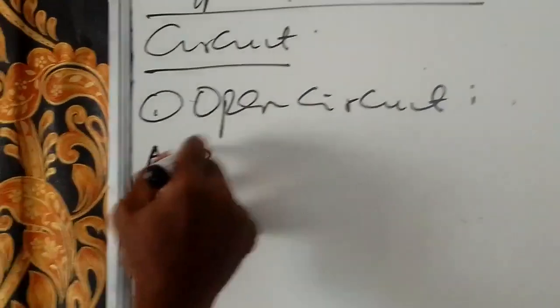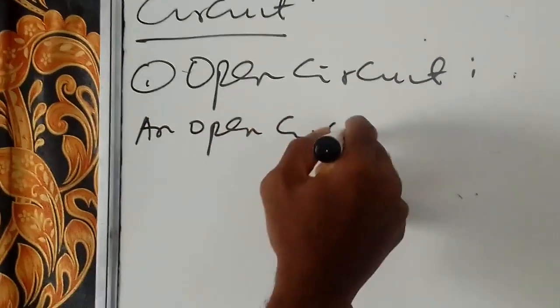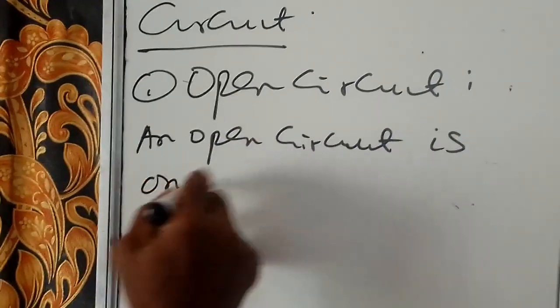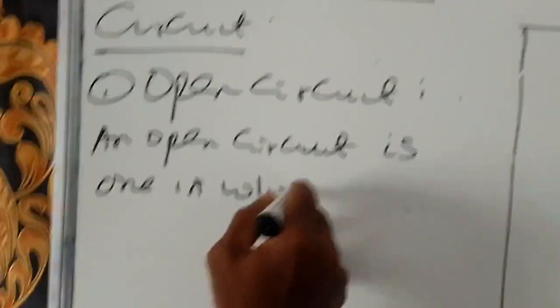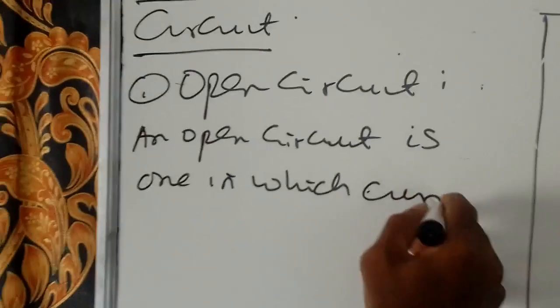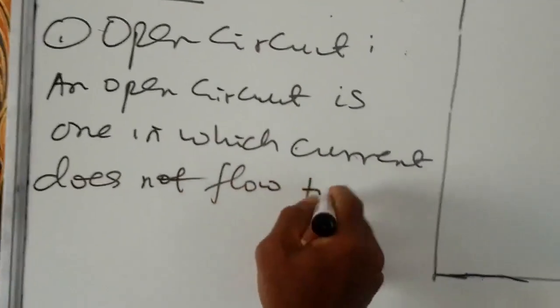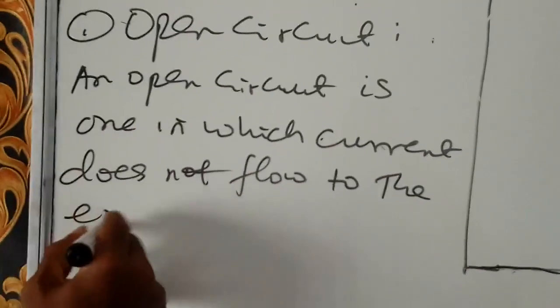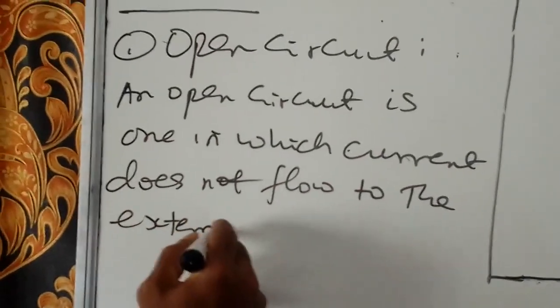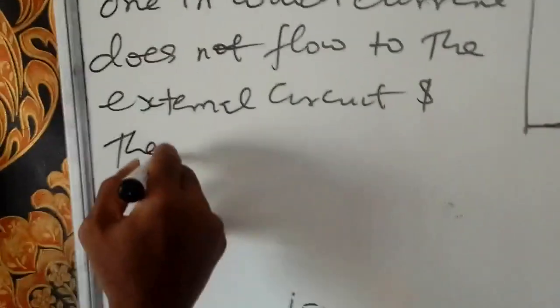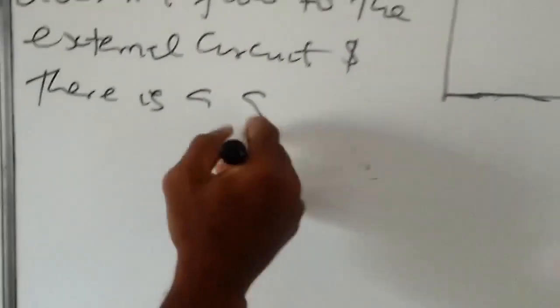An open circuit is a circuit in which electric current does not flow to the external wire or external circuit, and there is a gap in such circuit.